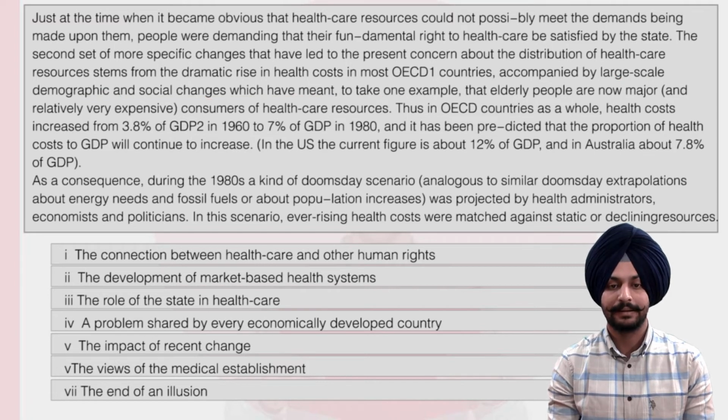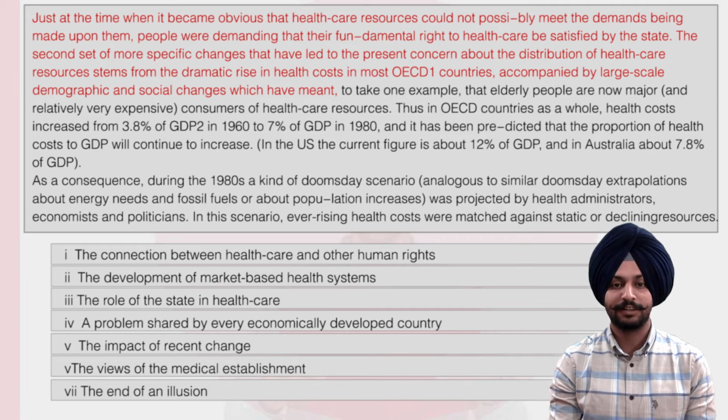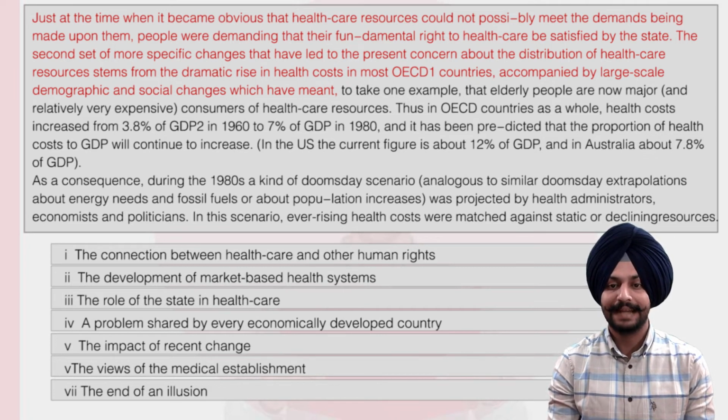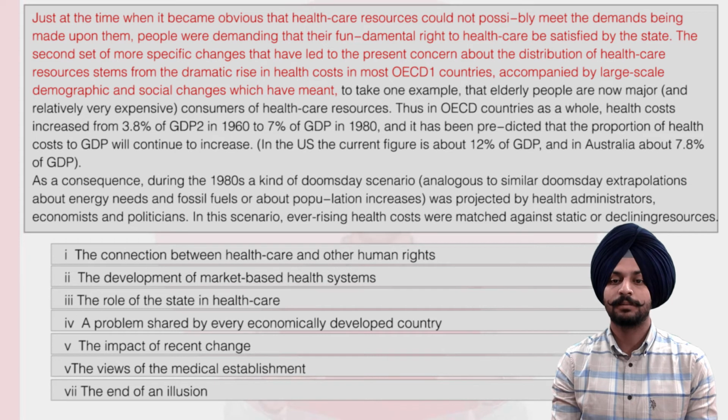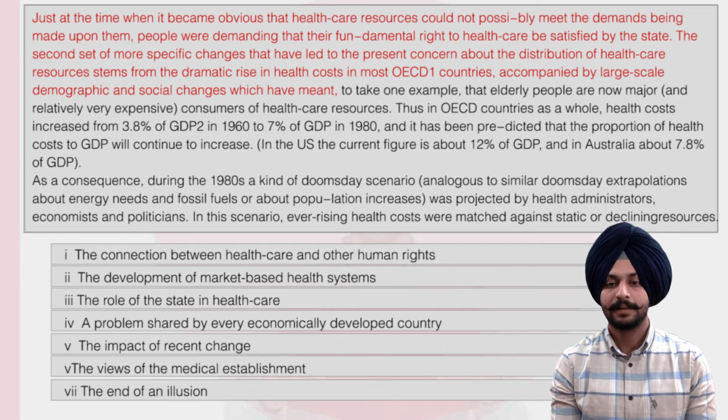So here they are saying that the second set of changes have led to the concern about the distribution of healthcare resources. All these concerns rise from the dramatic rise.